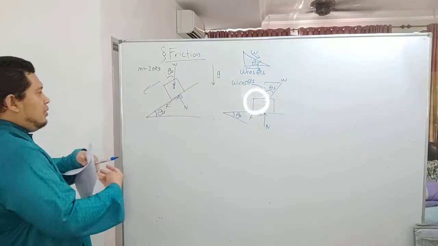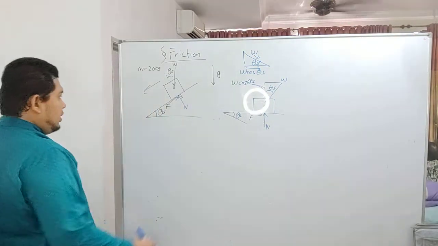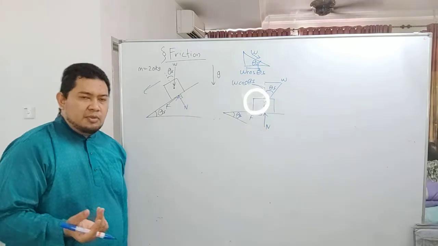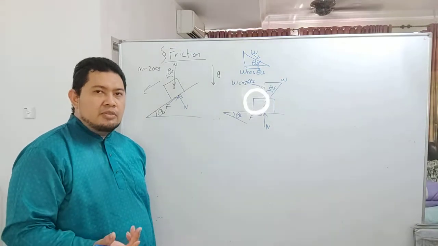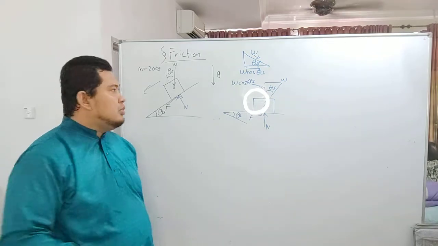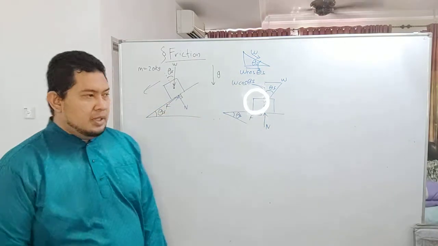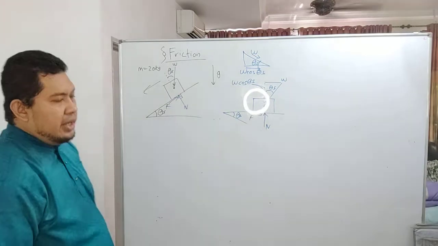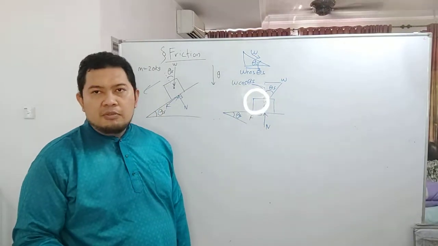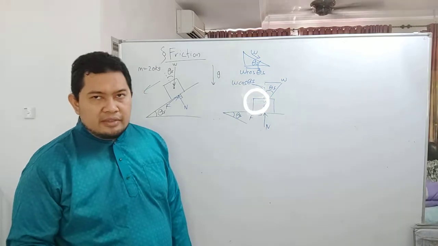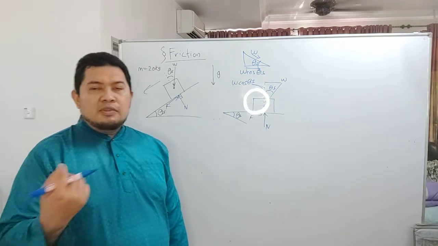Right now, as I mentioned before about equilibrium, you need to use the equations of equilibrium to solve the friction problem. For example, the summation of forces along the x-axis and y-axis is equivalent to 0.